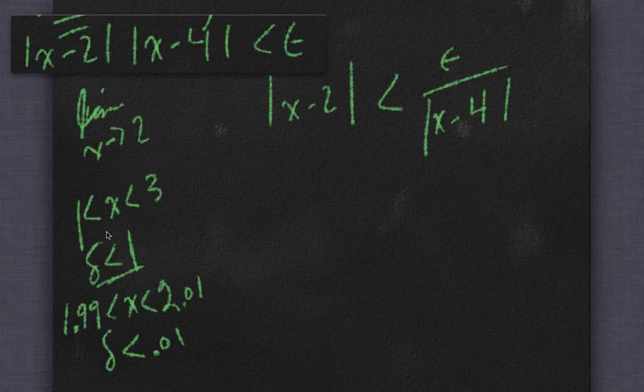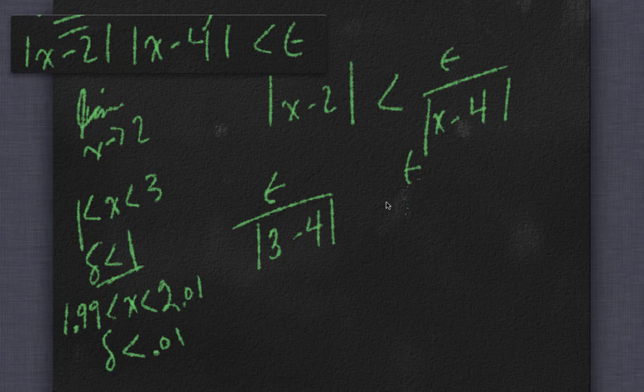Then the way you decide which one of these to use is by which one makes the smaller delta, because remember we have to pick the smallest. So either my options for delta are epsilon over 3 minus 4 in absolute value, or epsilon over 1 minus 4 in absolute value.